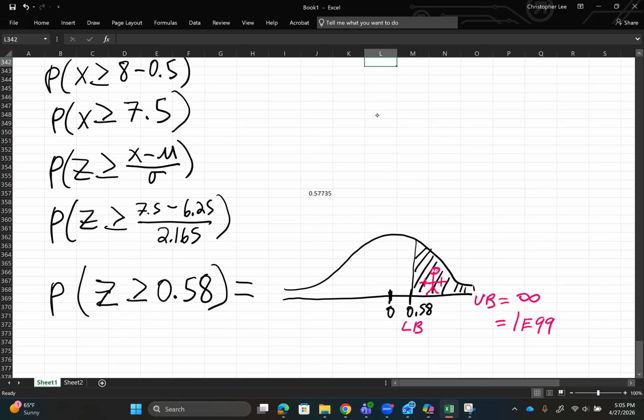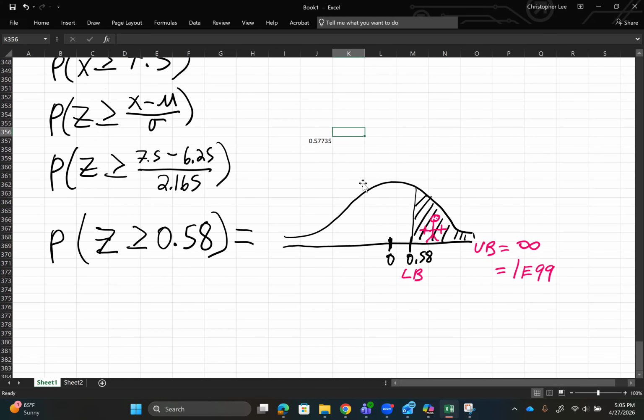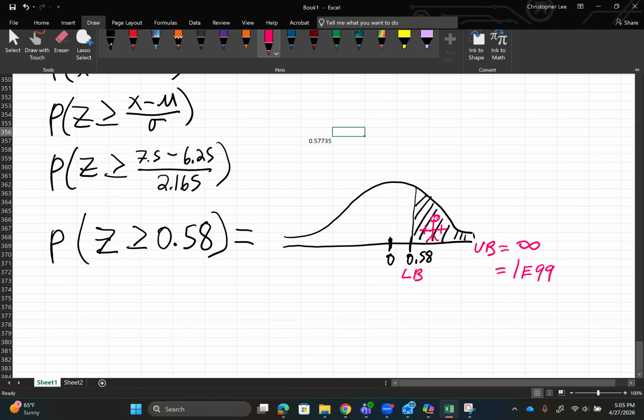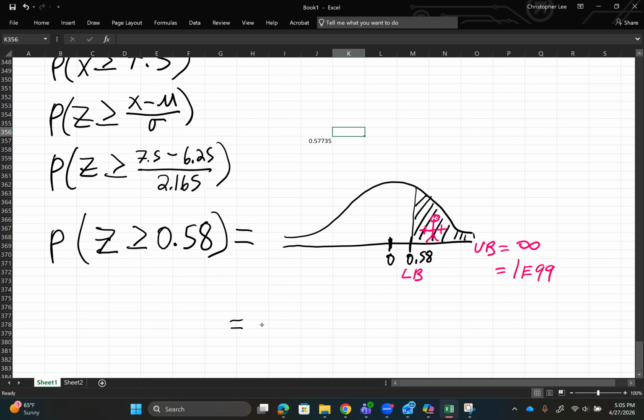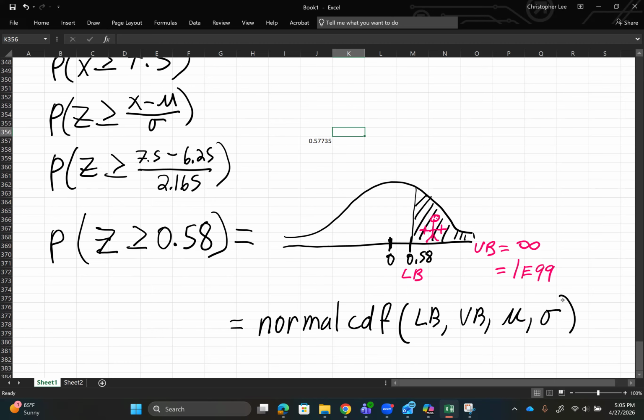After that, we get the answer. Let's look at how to do this on the calculator. For this, it's normal CDF. They're going to ask you for your lower bound, comma, your upper bound, comma, your mean, comma, your standard deviation sigma.